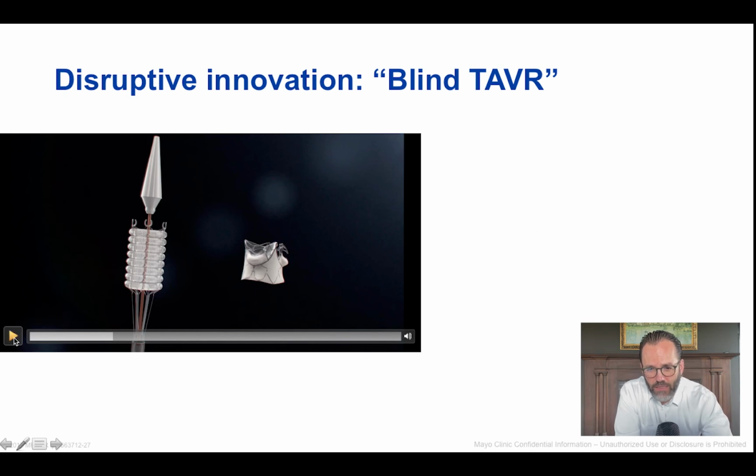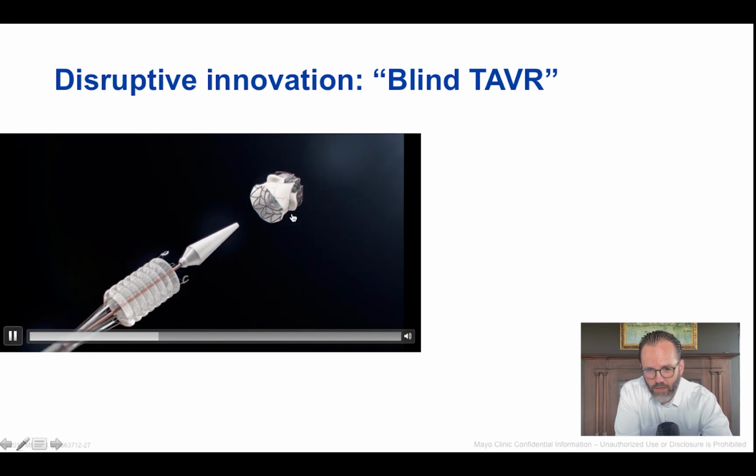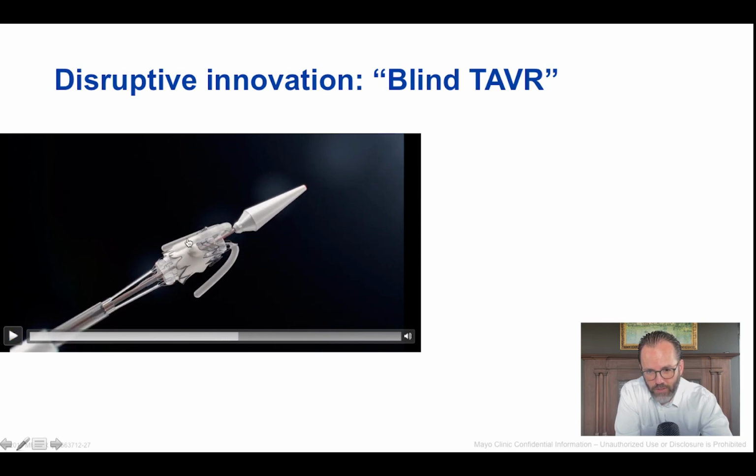This technology allows you to basically blindly place a transcatheter technology, which is loaded onto this balloon here, into the aortic root. And you can see, of course, it's loaded here.